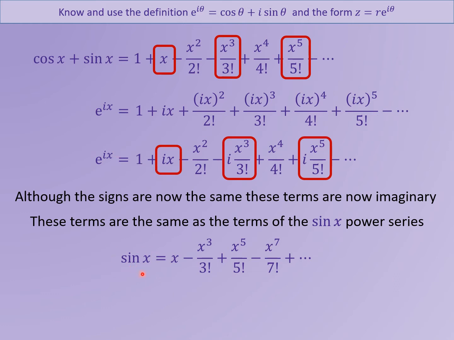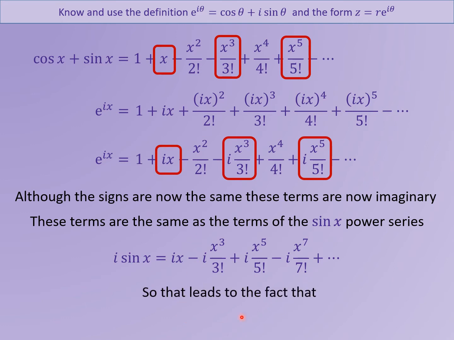For example, sine x there is the same as ix cubed over 3 factorial, ix to the power 7 over 7 factorial, and so on. Now if I can put that instead of this one, then those two should be absolutely identical. e to the ix is exactly the same as cos x plus i sine x.